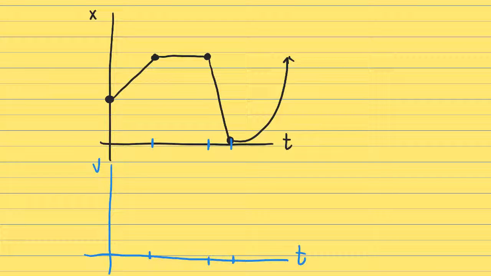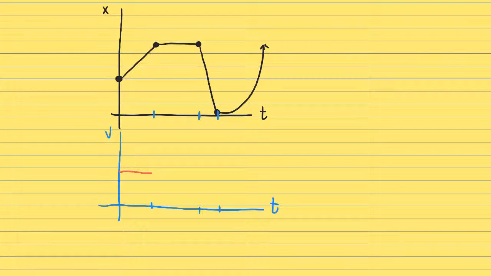So since that slope is constant, as Nick said, and positive, as Brandon said, I know that it's going to look like this. I don't know what the height is, but I know it should be a constant line for velocity, and it should absolutely be positive. Okay, that's section 1, part A.